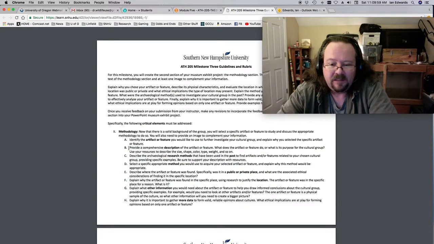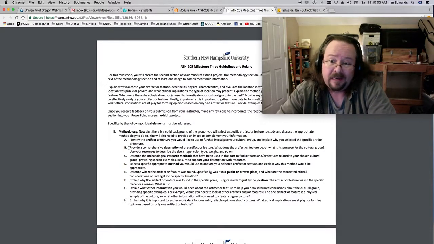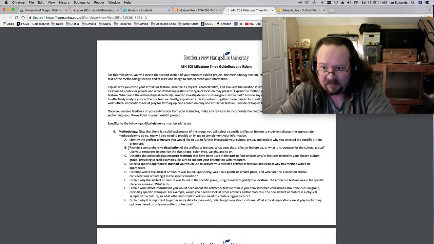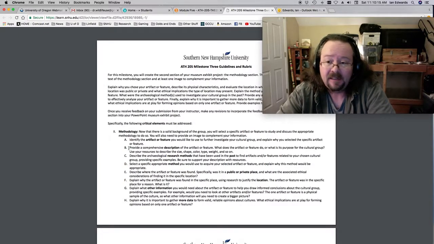What would be the difference between an artifact from a public type place to a private type place? If you're digging in someone's house or the remnants of it, you're literally going through people's stuff, right? I think there's a big difference between that and, say, excavating a market site, where everybody was coming and going. It was public. It was open. There are serious ethical considerations, right?